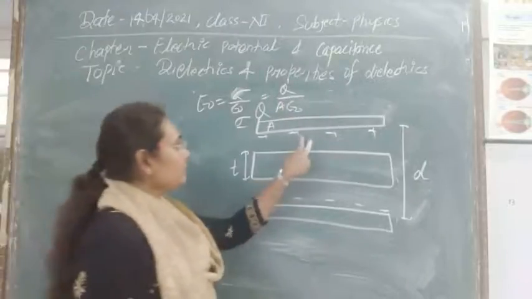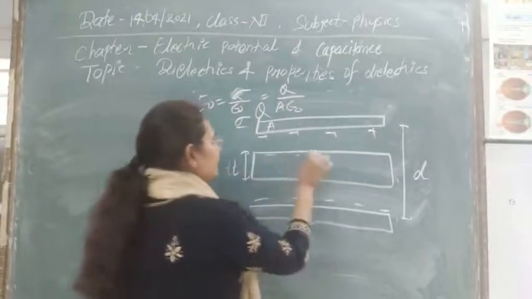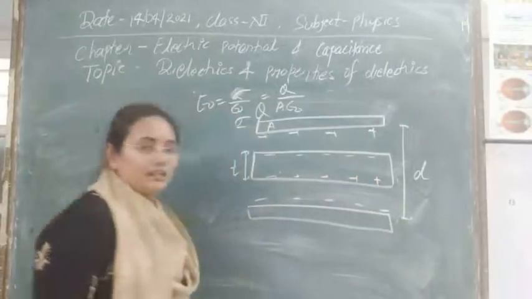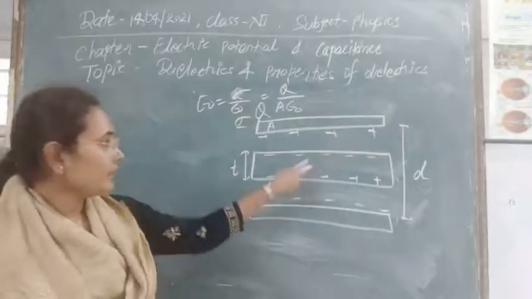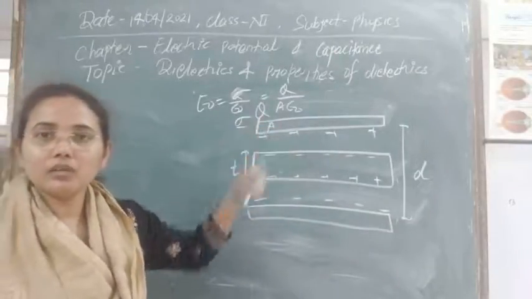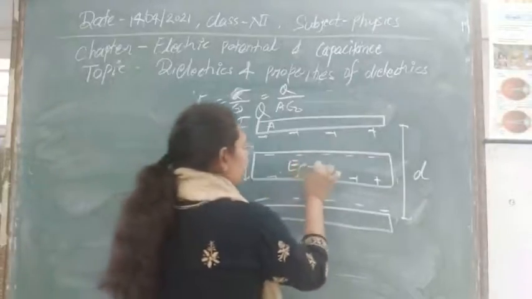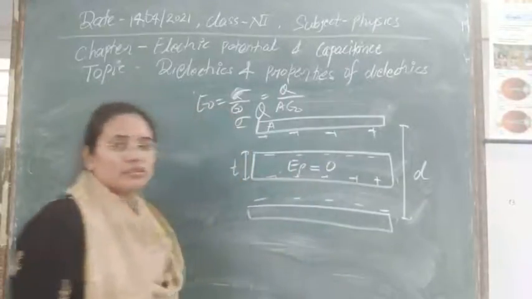Now due to the presence of this positive charge, obviously negative charges will be induced here and positive charges will be induced here. And we know the property of a conductor: the induced electric field will be equal to the outward electric field. It means that the overall electric field E inside the slab is equal to 0 now.